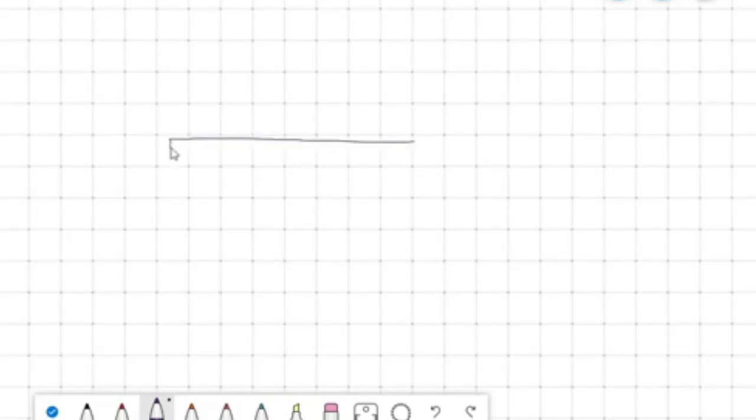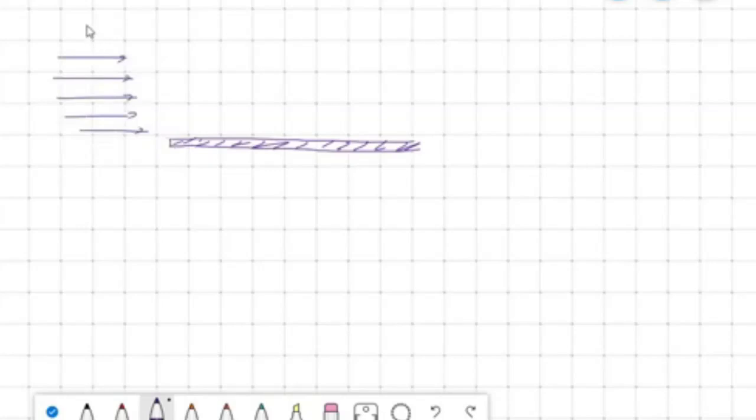So, here we have considered a surface or an obstruction or an object, and the water is passing through this object at a velocity v infinity. Due to this obstruction, there will be the formation of boundary layer.